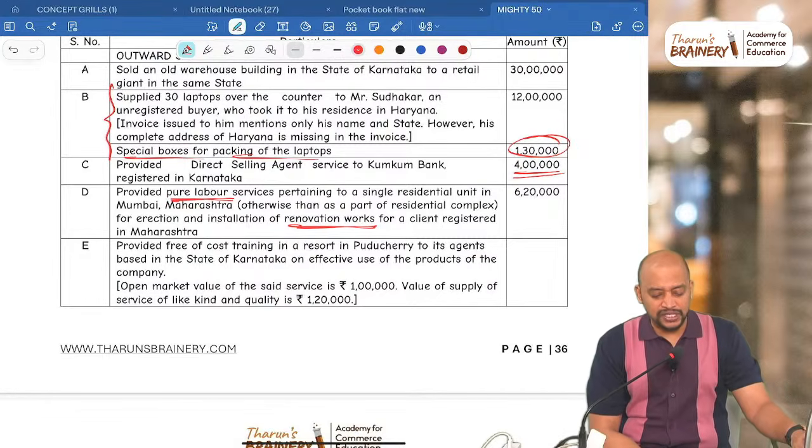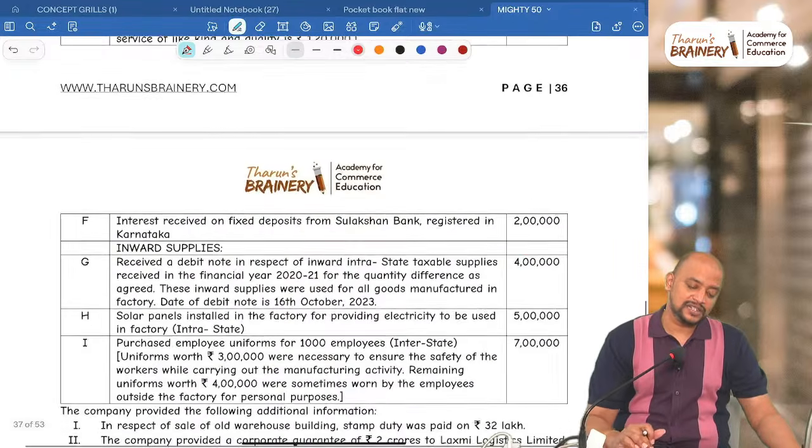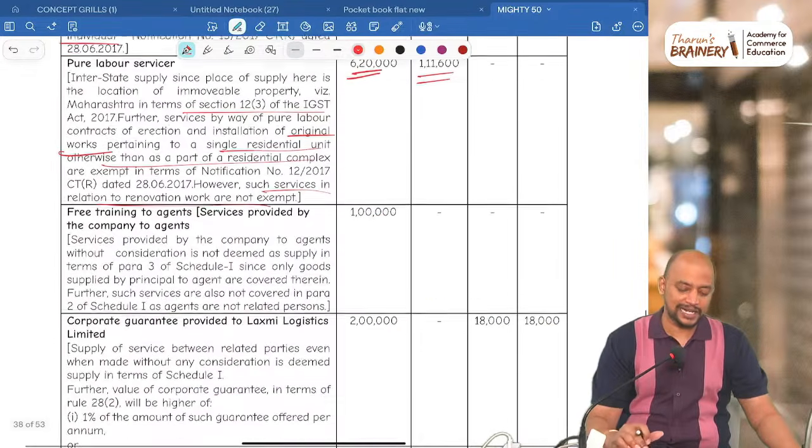provided free of cost training in a resort in Puducherry to its agents based in state of Karnataka on effective use of the products of the company. Already we discussed this in one question. Not a supply. 7.1c, only principal agent transaction with respect to goods, but it is service. So due to that reason, that should not be taken.